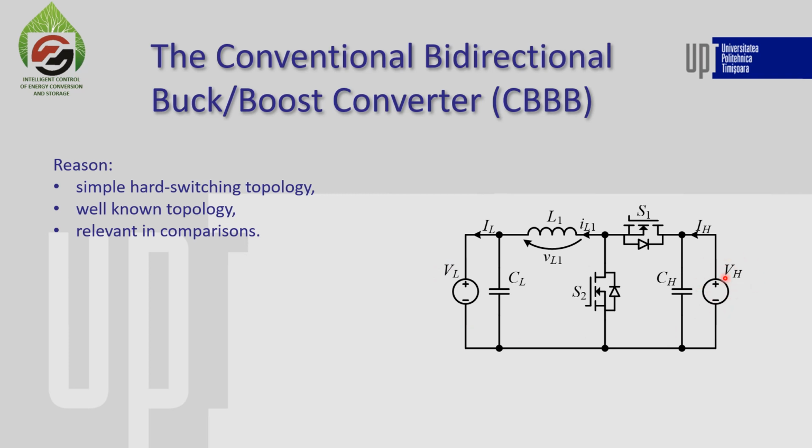As it is a bidirectional converter, there is a low voltage source on the left and a higher voltage source on the right. The current direction in the schematic represents a positive current for buck mode, which is current flowing into the lower voltage source from the higher voltage source, and a negative current for boost mode, which is current flowing from the low voltage source to the higher voltage source.